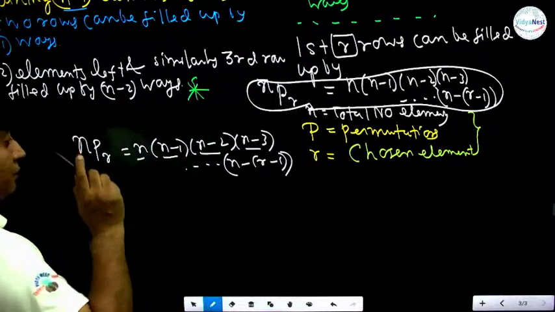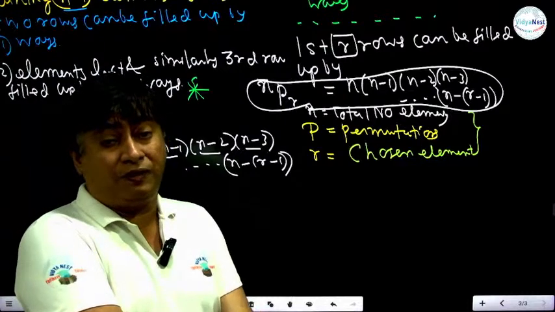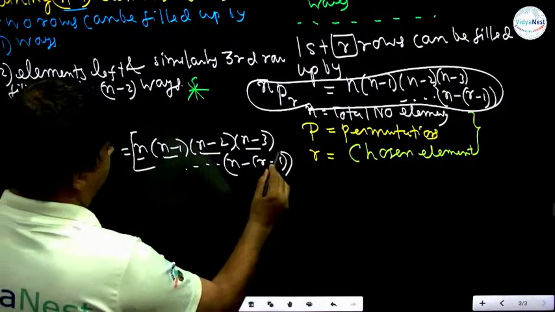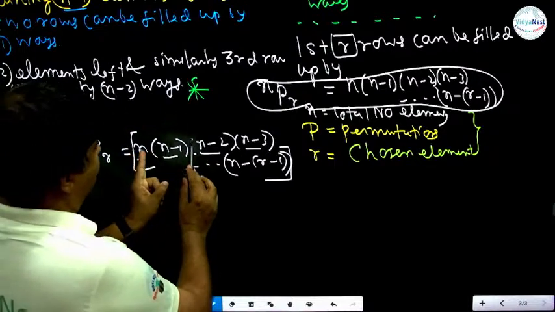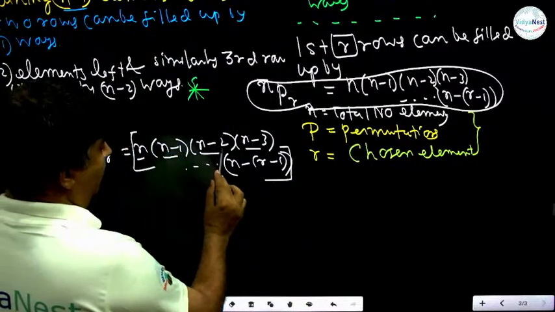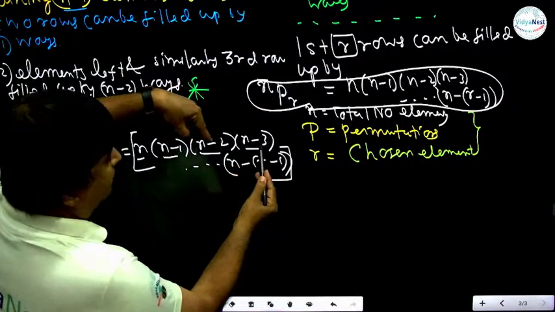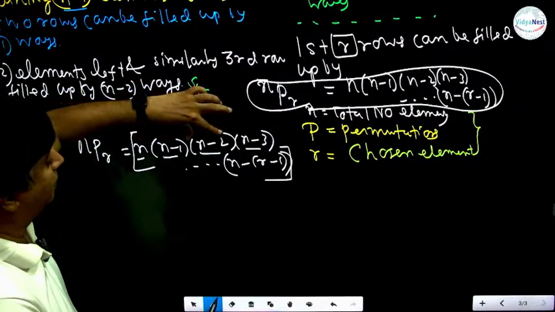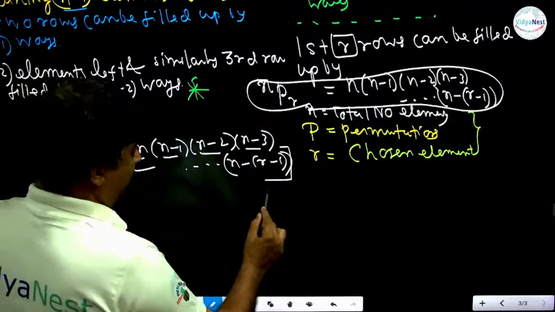But I have told you, unless I am able to convert it into factorial, it will not be considered a working rule. See, each term is being reduced: n minus 2, next term n minus 3. That means the thing you are subtracting is being increased. Previously you were subtracting 1, then 2, then 3, more reduction.